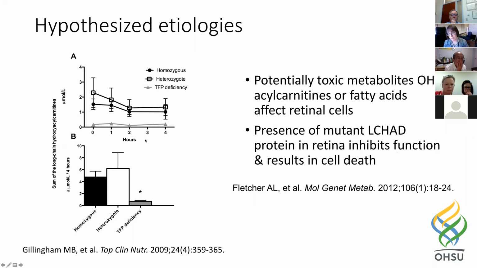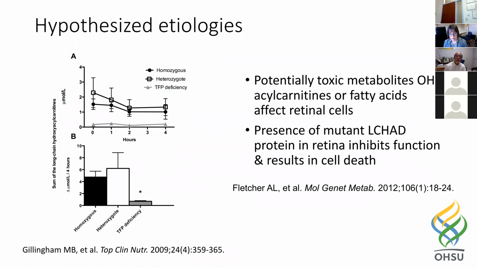So perhaps the retinopathy progression that we see that's more advanced in LCHAD deficiency is a reflection of this increase in hydroxyacylcarnitines. We also looked globally to see where we see retinopathy, and there seem to be fewer reports of retinopathy in patients from Asia, who don't have the common mutation.